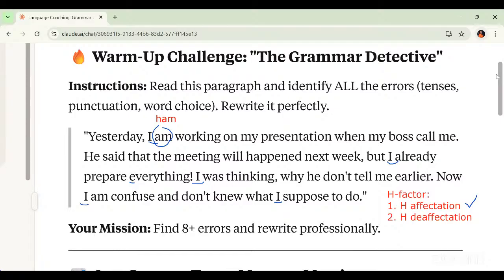Now let's go to the second type of present tense, and that is the present continuous tense. It is still in the present, but it is continuous. Another name for continuous is progressive.